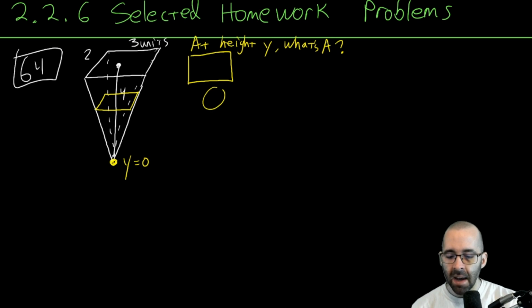So the base is going to scale based on y, and the height is also going to scale based on y. They're both linear relationships because it's a straight line for the side of every side of the pyramid. If it were a weird curve, then we'd have to do something like we did when we calculated the volume of a sphere. But because it's a straight line, it is just linear.